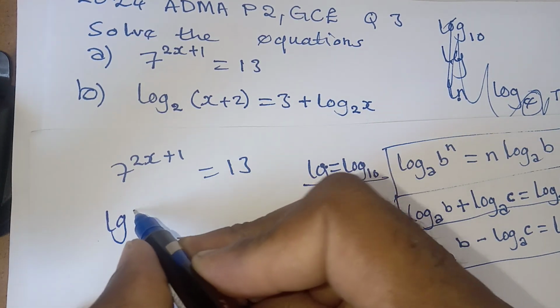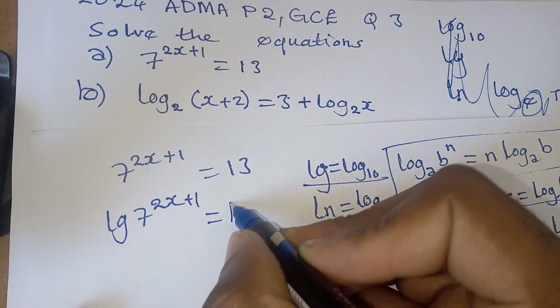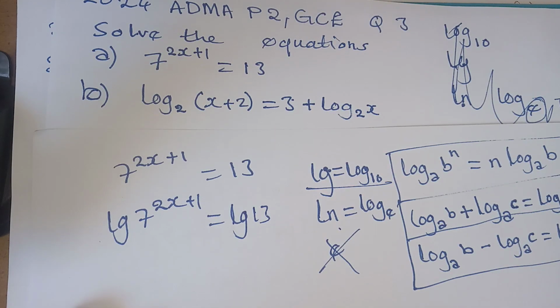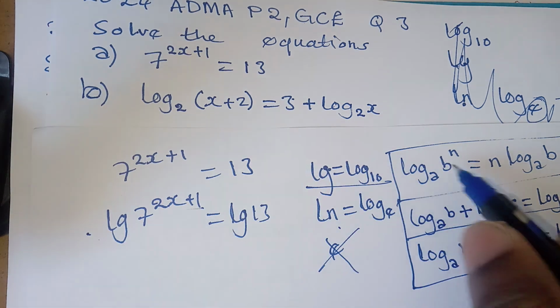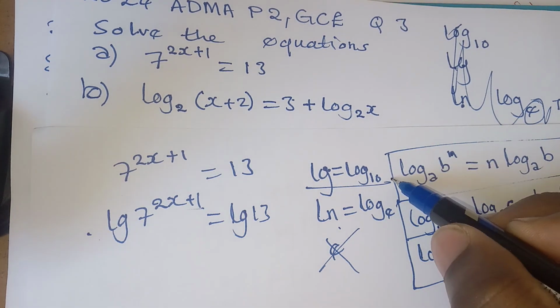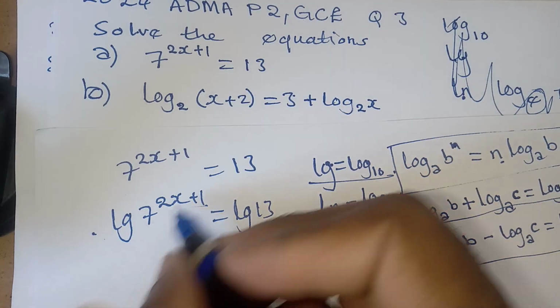So you can introduce lg to both sides like this, and then after you do that, you can bring the power down using this rule. Remember, when you have a power like this, you can simply bring it down as a coefficient.